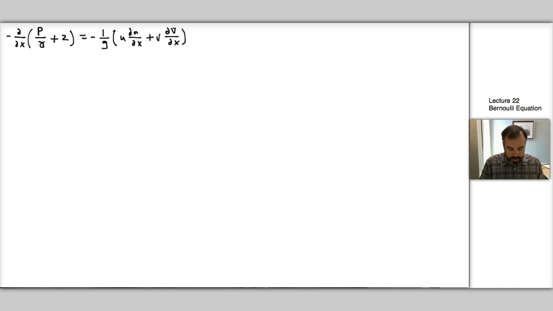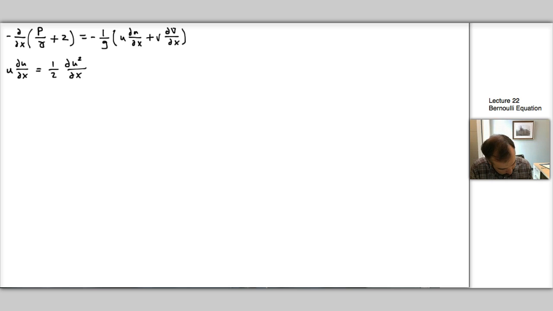Okay? And what I want to do here is use the product rule. We're going to say u du/dx is equal to 1/2 d(u squared)/dx. And that's really just using the product rule in reverse. And we're going to plug that into our equation here.